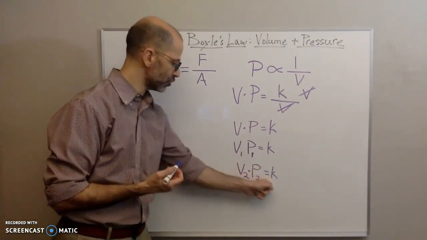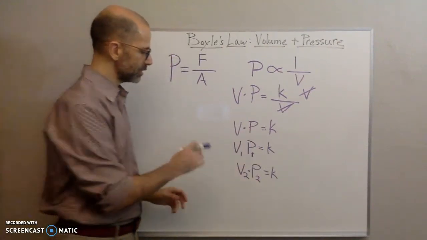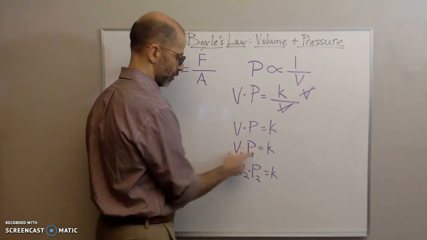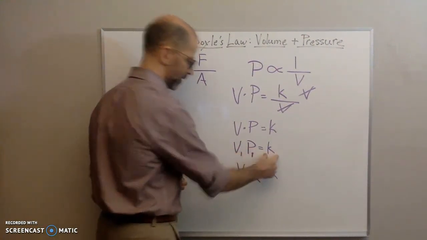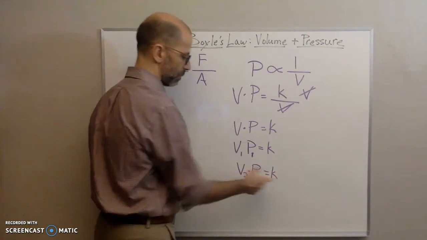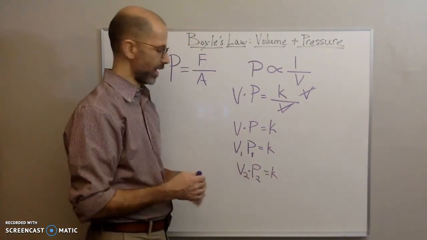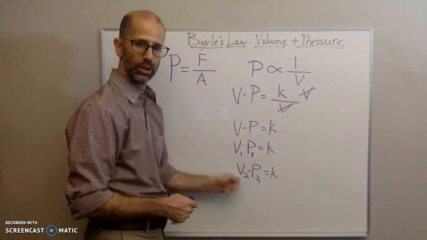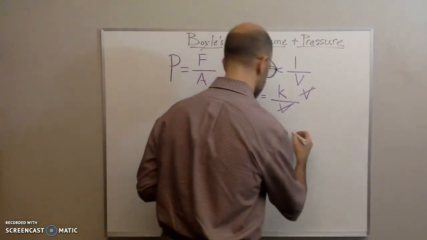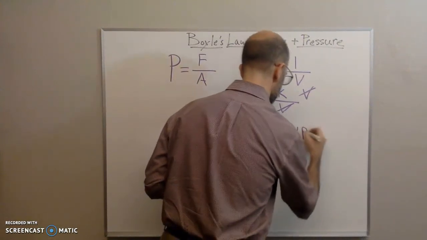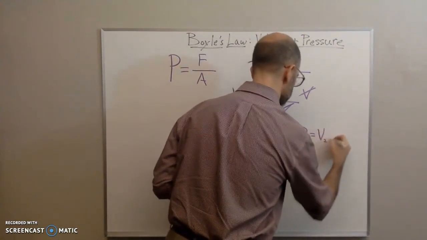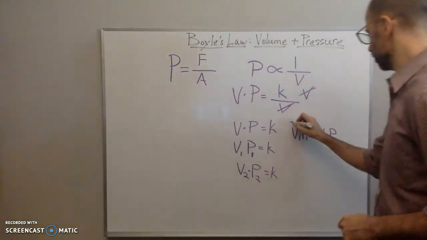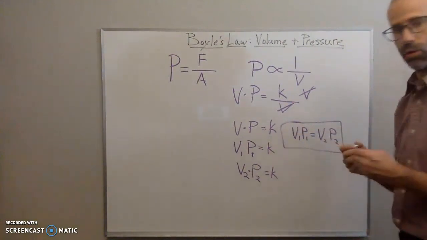When I multiply this, I should get K. If this is equal to K, and this is equal to K, then by the rule that two things equal to the same thing are equal to each other, that means V1 P1 equals V2 P2. And this is Boyle's law.